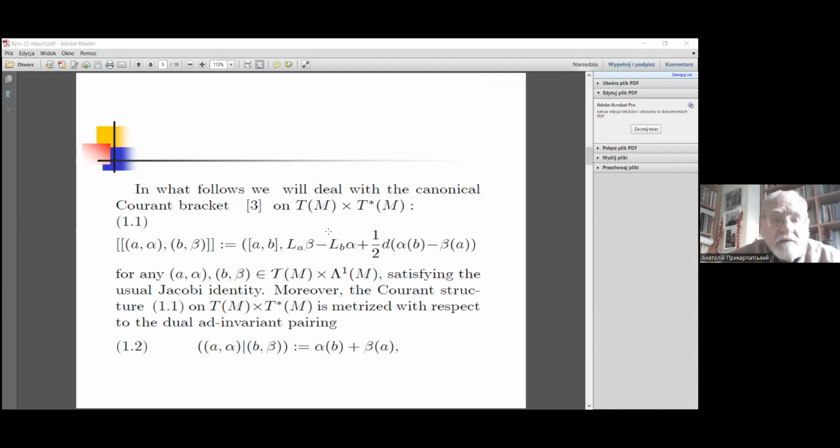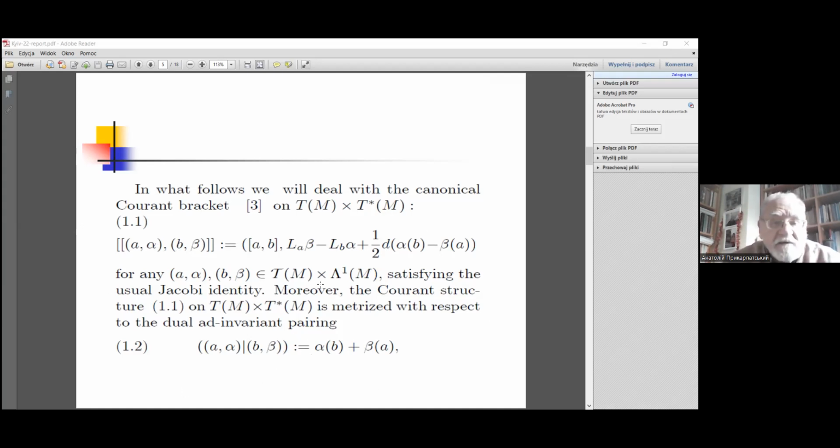So this bracket, it is very easy to check that it really satisfies the Jacobi identity.